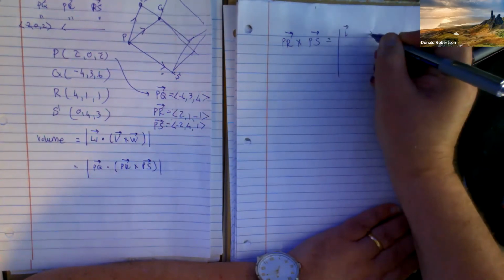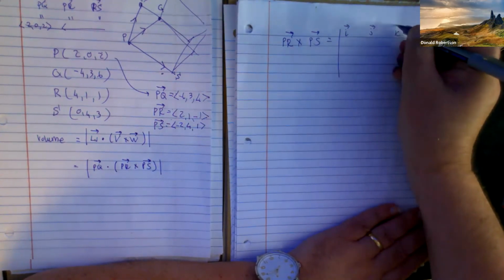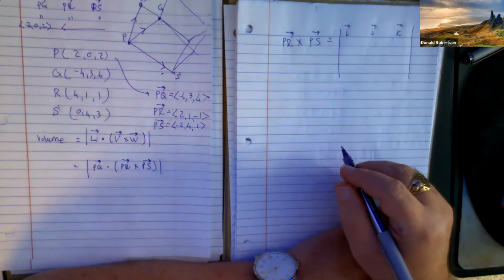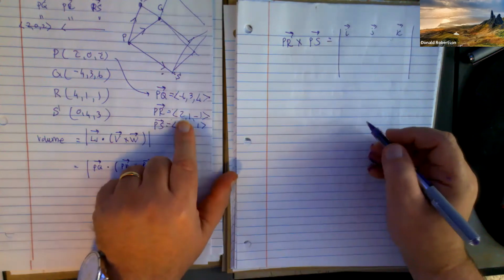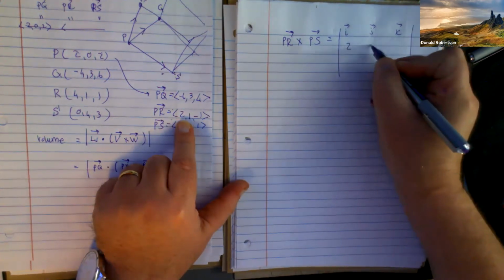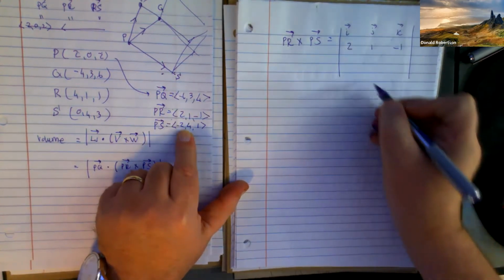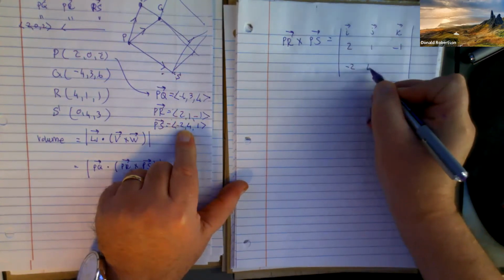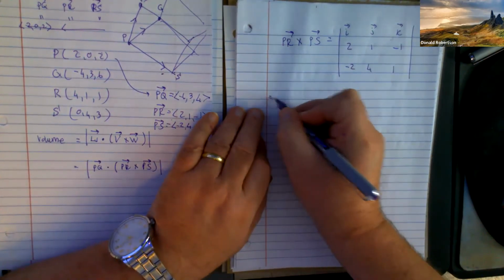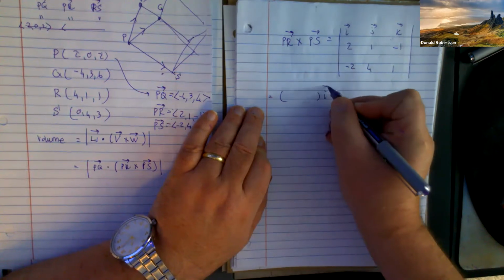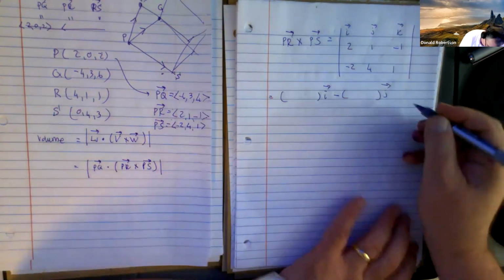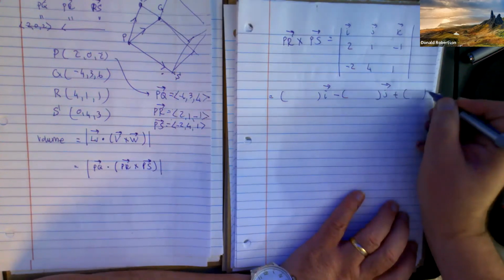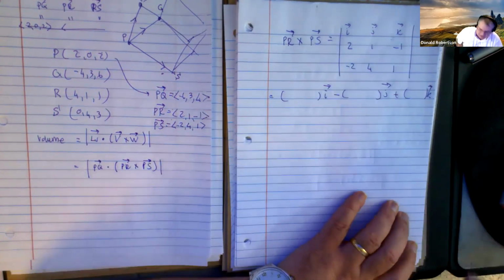So we have I, we have J, we have K, and I have a formula in the formula sheet, but nobody uses it. So what do we have? We have PR, so 2, 1, -1, and we have PS, which is -2, 4, 1. And that answer is going to be so many I's, so many J's, plus so many K's.